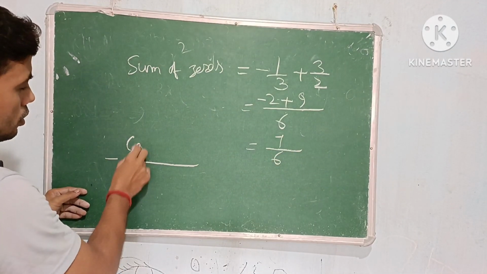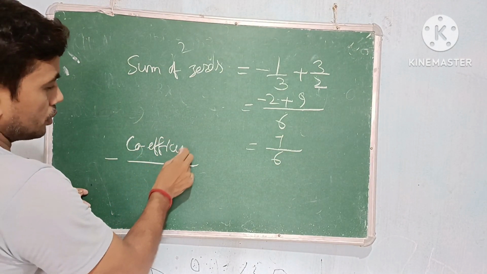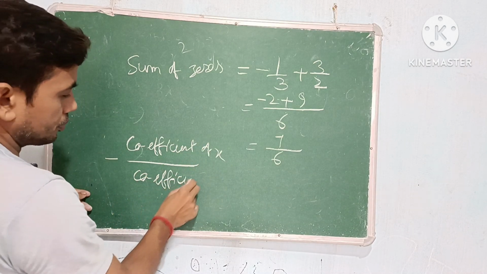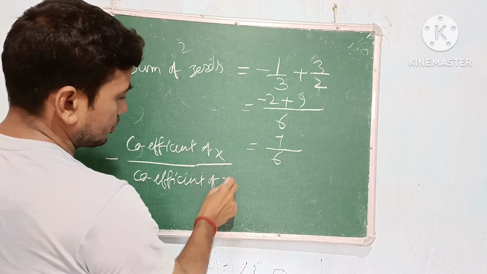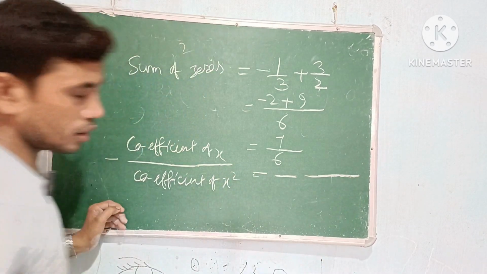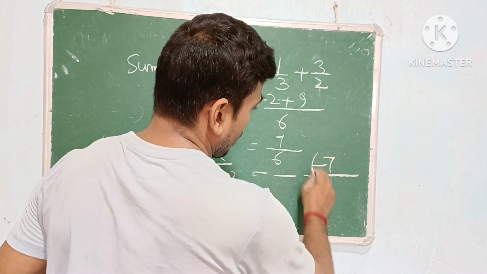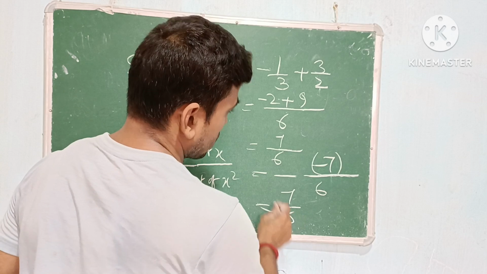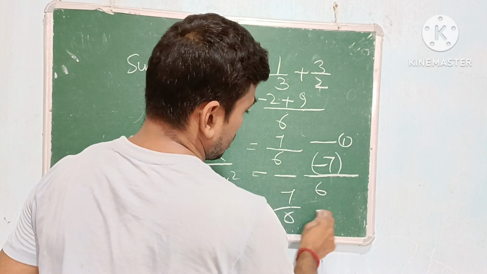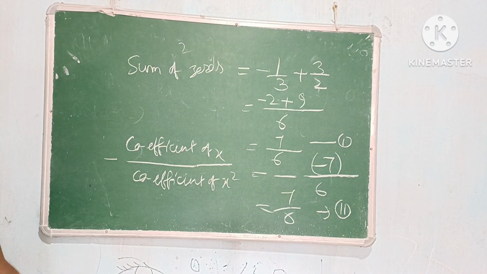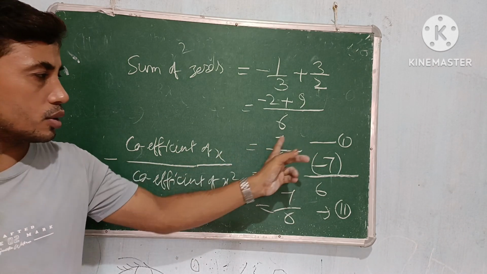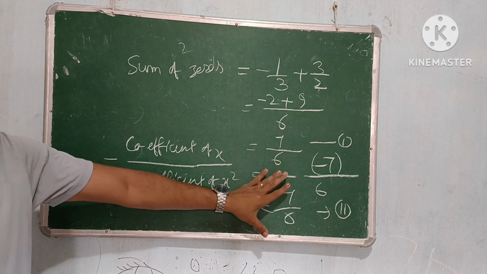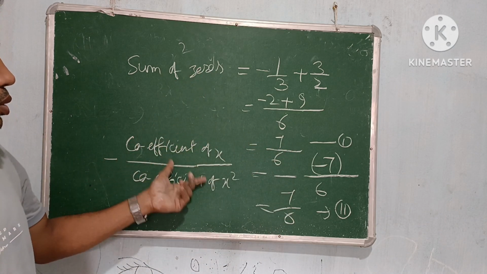And minus coefficient of x by coefficient of x square: minus coefficient of x is minus of minus 7, and the coefficient of x square is 6. So plus 7 by 6. Mark this as 1 and this as 2. The right side of 1 is 7 by 6 and the right side of 2 is also 7 by 6. So both are equal. Since the right sides are equal, the left sides are also equal.